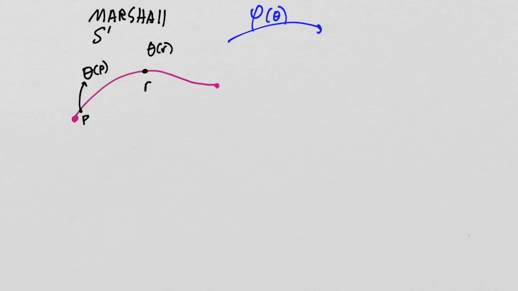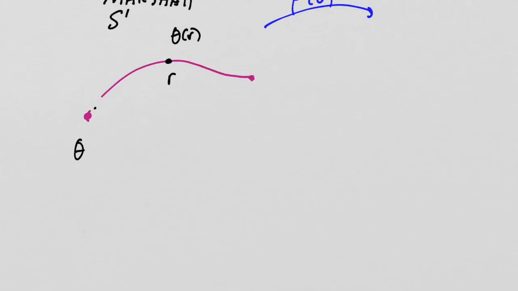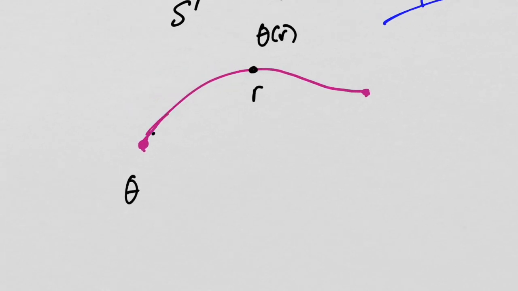Let us say, for the sake of definiteness, that this first point, let's actually put the point P at the very beginning, right? So this point at the beginning, let me blow this up. This point at the beginning is the point P. And we will write theta of P equals 0.